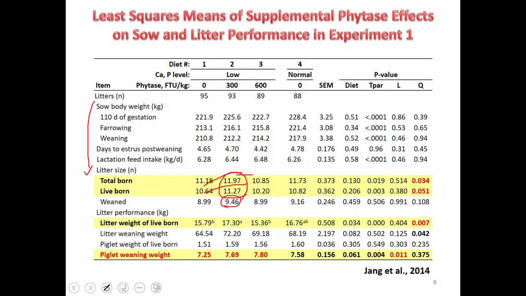we found this improvement in litter size, and some previous research also showed similar results.